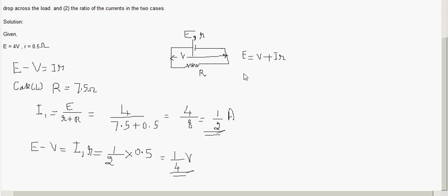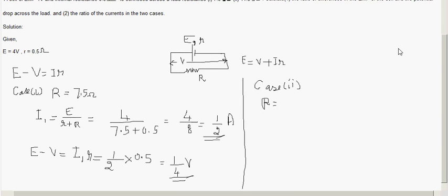Now let us do the same calculation for case 2. The load is now changed to 11.5 ohm.